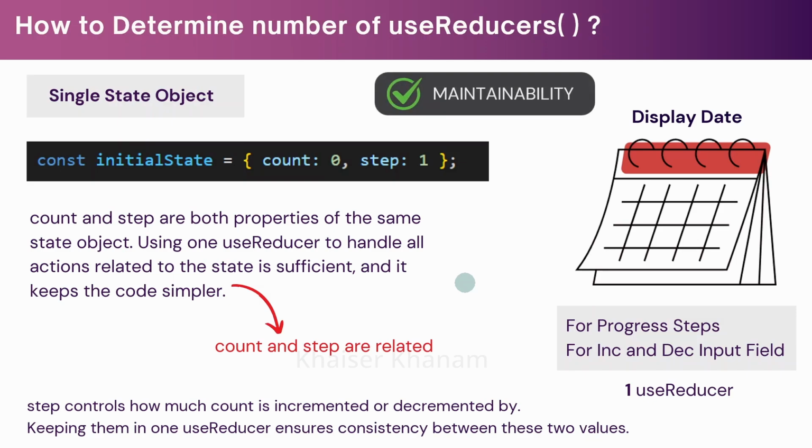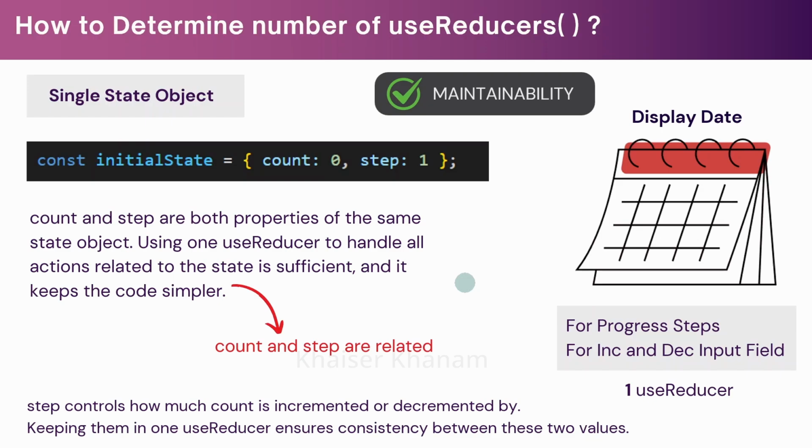Why? Because if we start creating separate useReducers for count and step, we would have to handle cross state effects, which means if the step changes, we should think about how it is going to affect our count. That makes our simple code very difficult and our entire simple logic very complex.